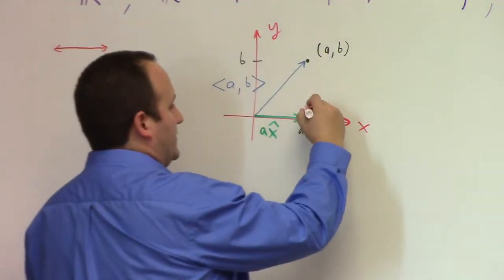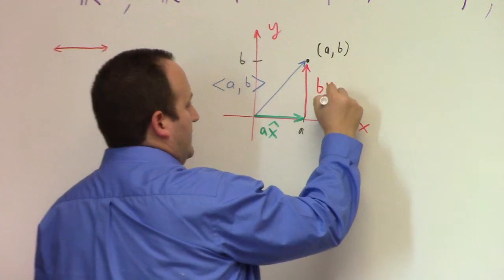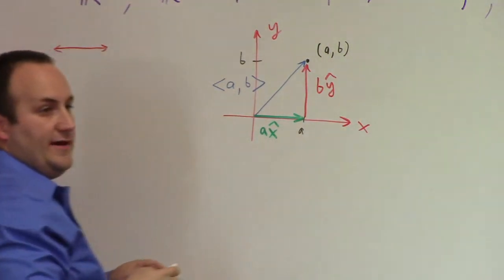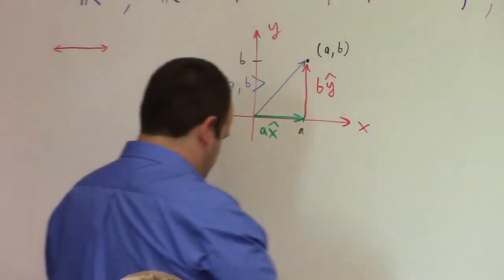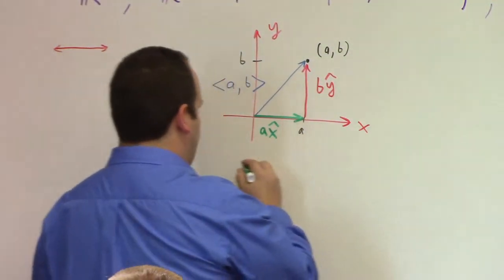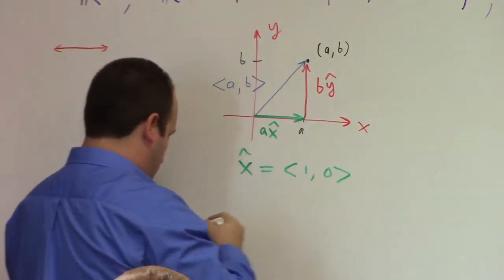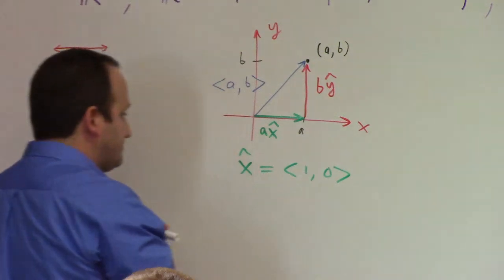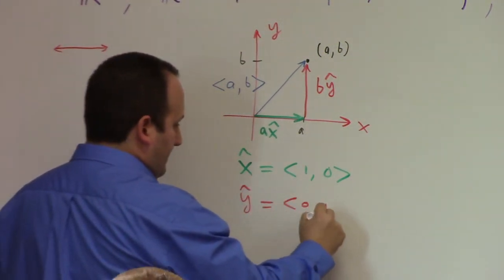And then the vertical one, like this, I can call B y hat. Now, x hat and y hat are so-called unit vectors, all right? In terms of explicit formulas, x hat is equal to (1, 0), and my y hat is equal to (0, 1).